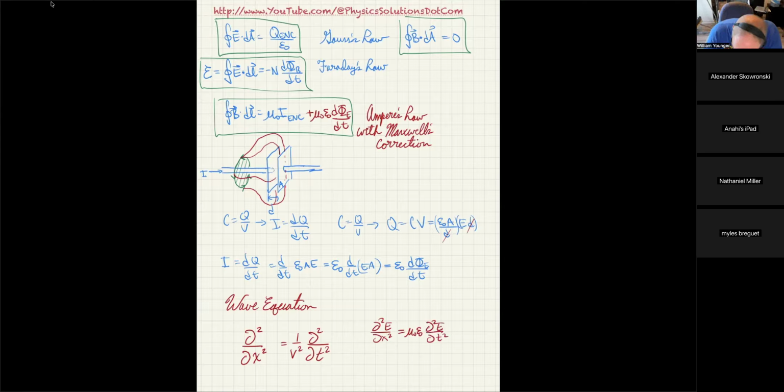And he got a similar equation: the second partial of B with respect to y squared is equal to mu 0 epsilon 0 times the second partial of B with respect to t squared.